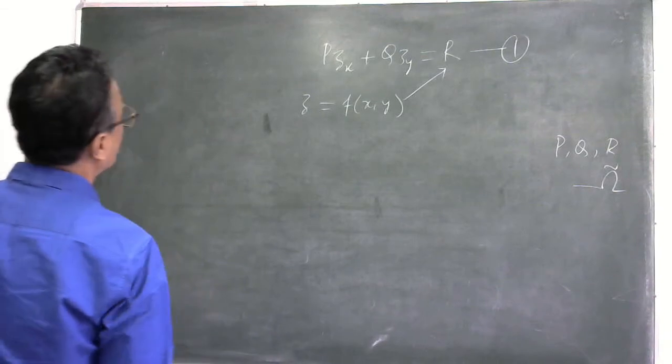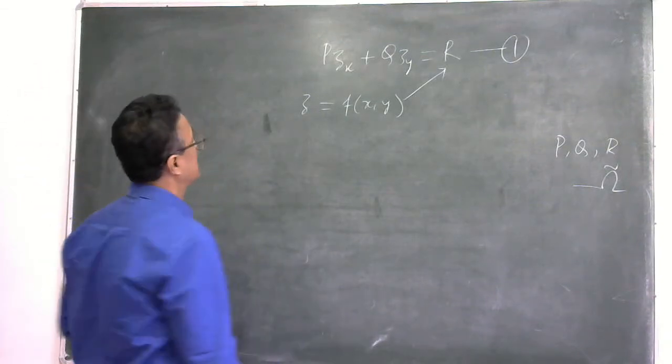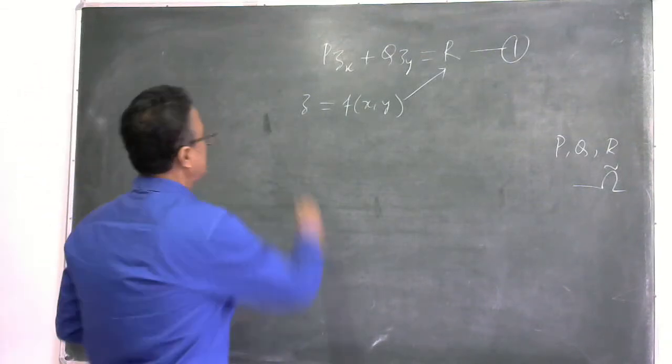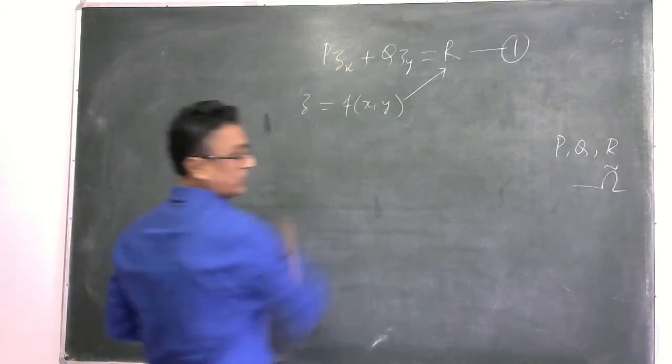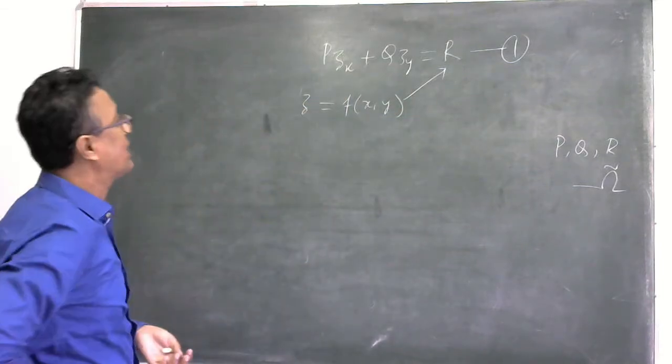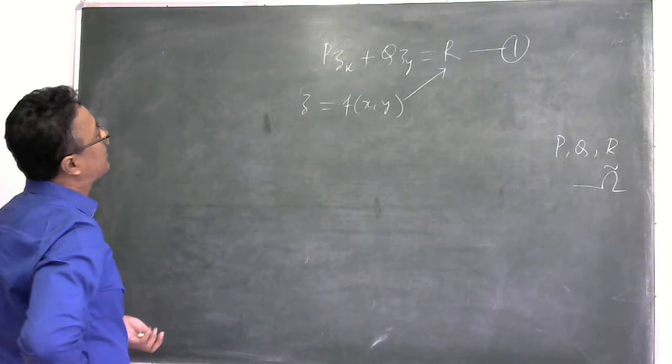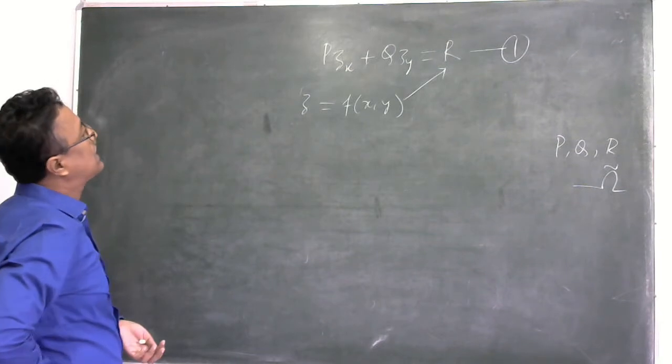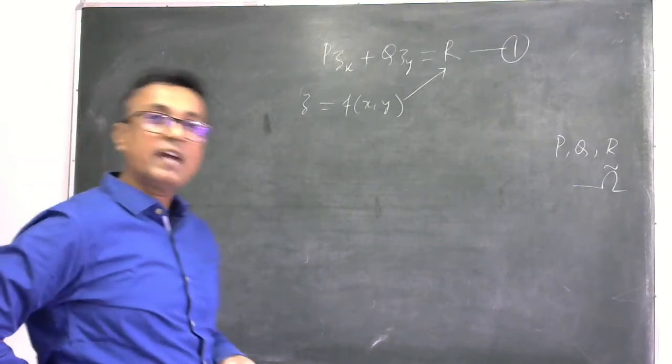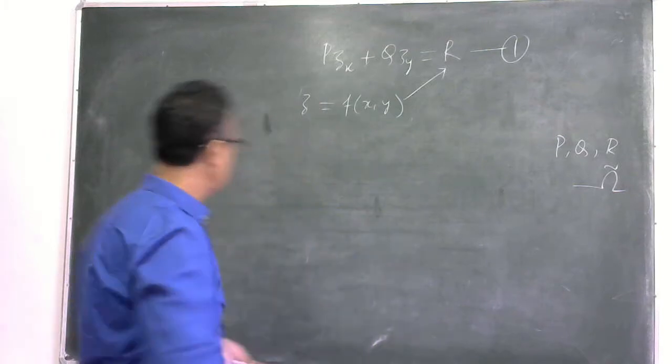So now, what is happening here? Obviously, if this is a solution of 1, what can I do? I can conceive z equal to f of x, y as a surface in R3.